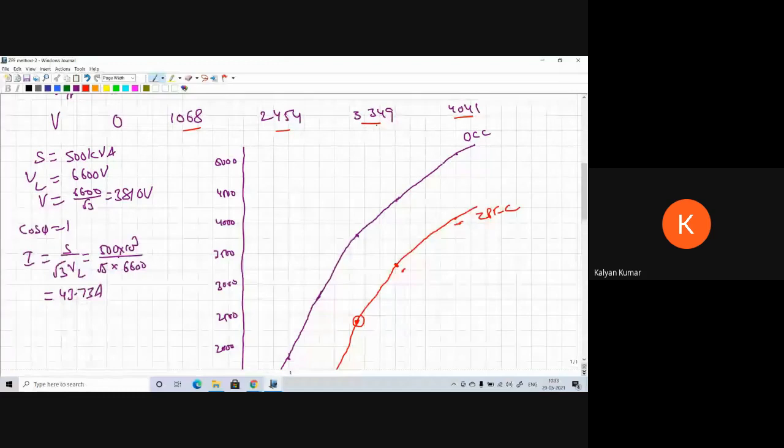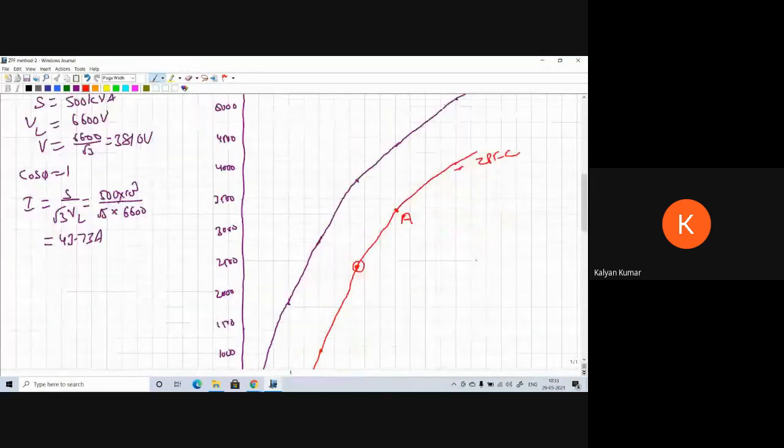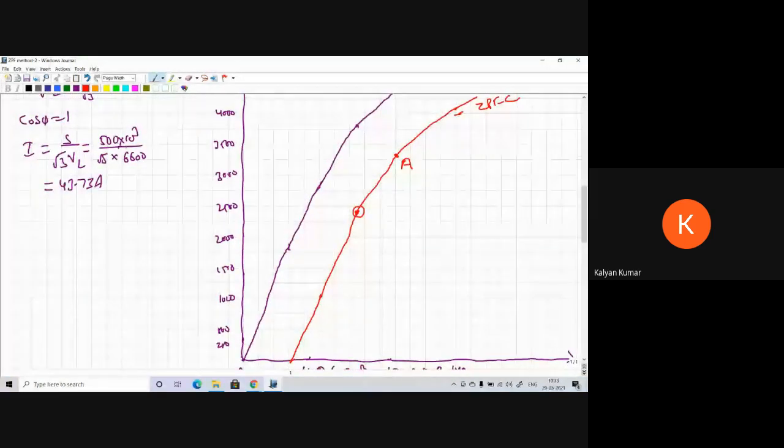In the graph, we are given a point on the ZPFC, so take that point. I am taking this point 3349, corresponding to 100 amps field current, as point A. Now I have to draw the tangent air gap line.